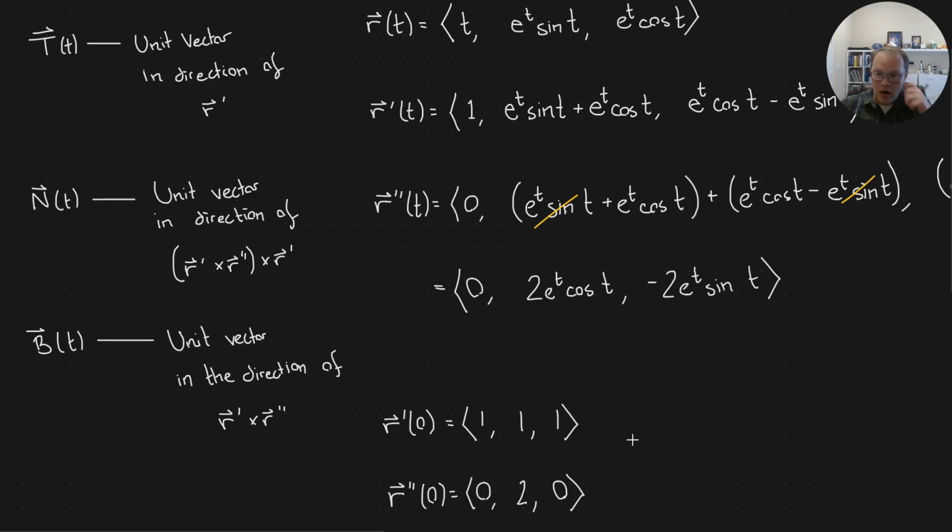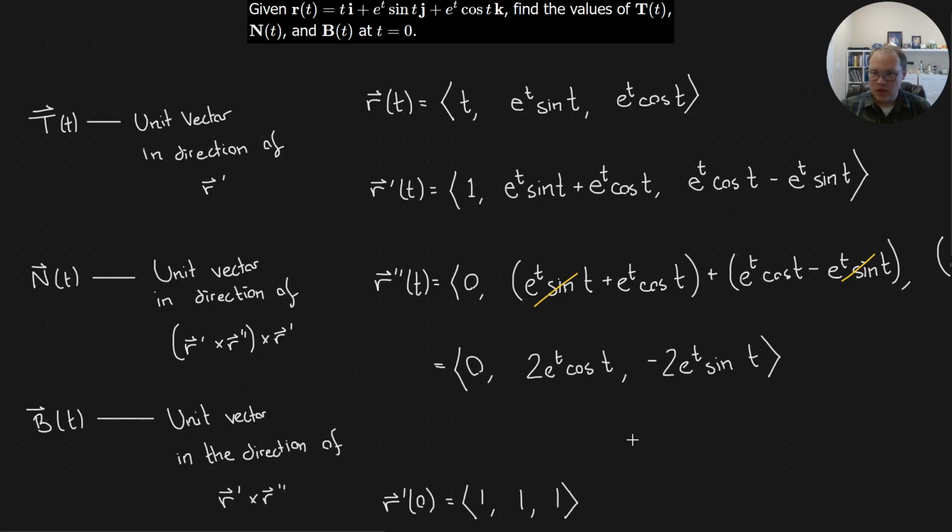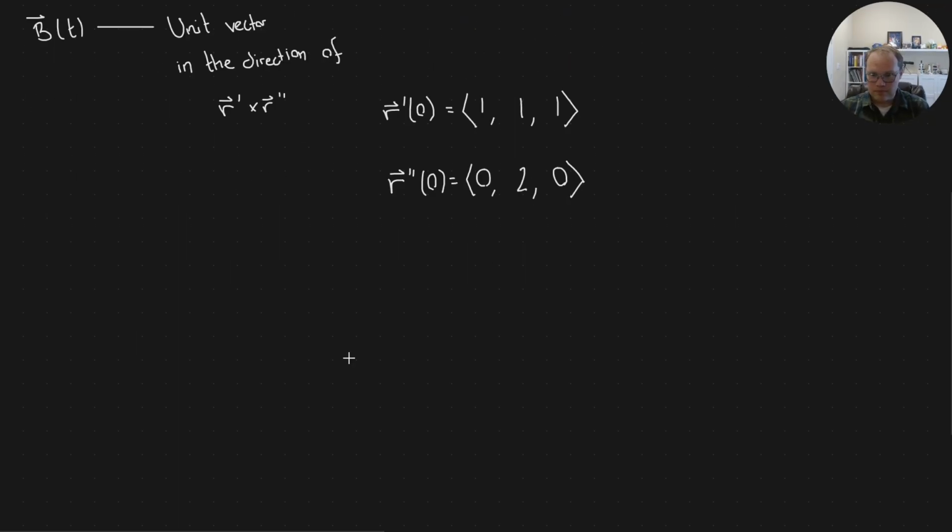Okay? All right. First things first. Let's do unit tangent first. So unit tangent at t equals 0. It's pointing in the same direction as the first derivative, but I need to normalize it since I want it to be a unit tangent vector. Okay?